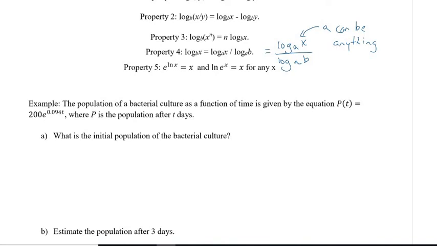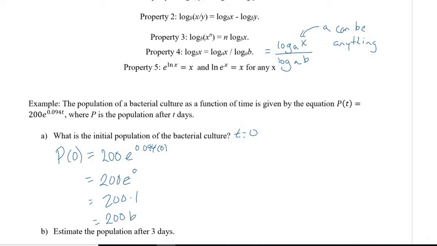But if we want to be a bit more mathematical, we could say that it's going to be at t equals 0. So P of 0 equals 200 times e to the 0.094 times 0, or 200 times e to the 0, which is 200 times 1, or 200 bacteria.